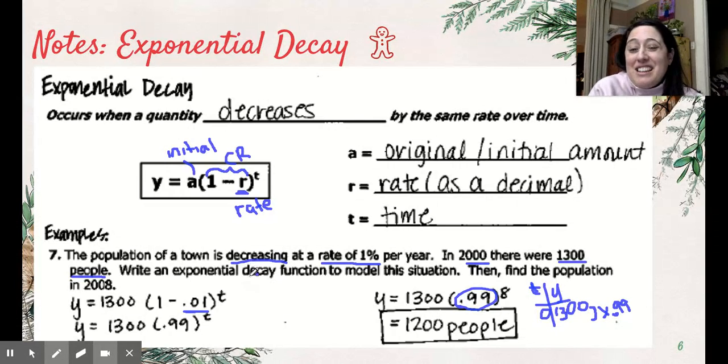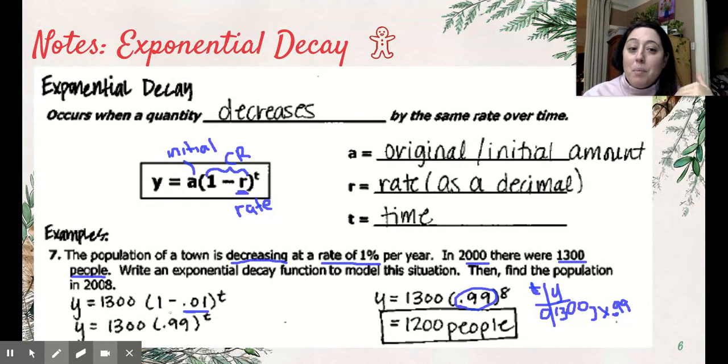And even if they didn't say a decay function or exponential, you should know when it says decreasing and at a rate of, that it is an exponential decay function. All right, so be listening for these key words. All right, then find the population in 2008. All right, so we kind of already went over the equation, the structure. We'll go over another example in the next slide.